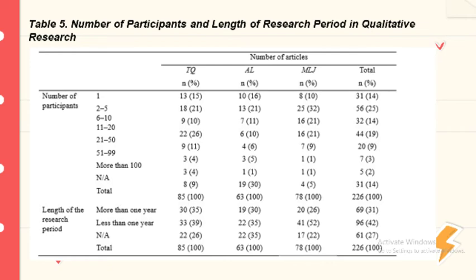And for 14%, which means most qualitative research studies use a relatively small number of participants, and each article may result in a rather small scale of study. As for the length of research periods, longitudinal research was conducted less often than short-term investigation.